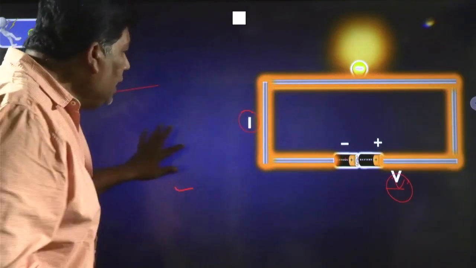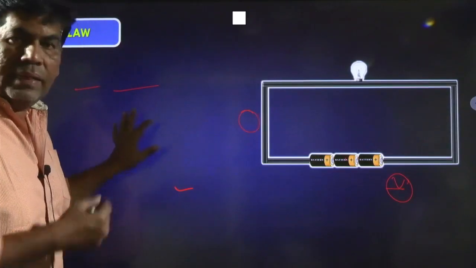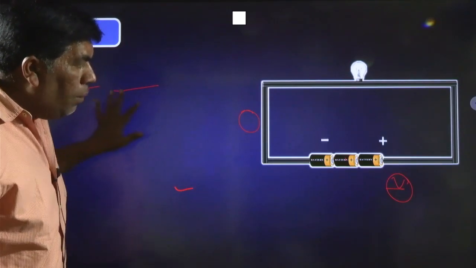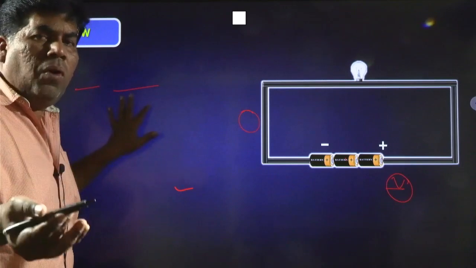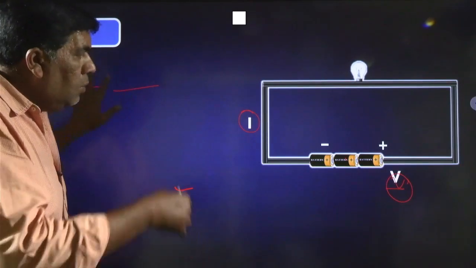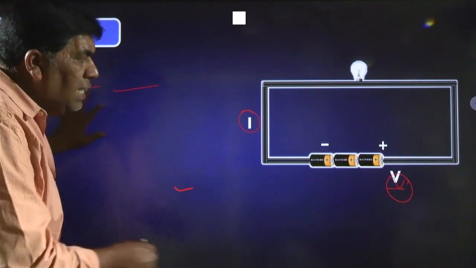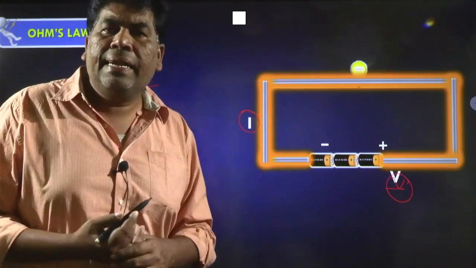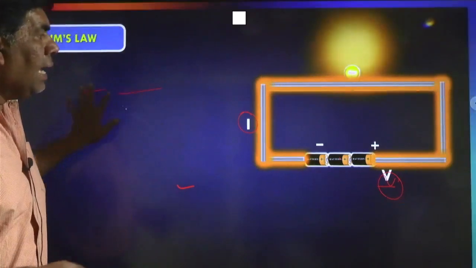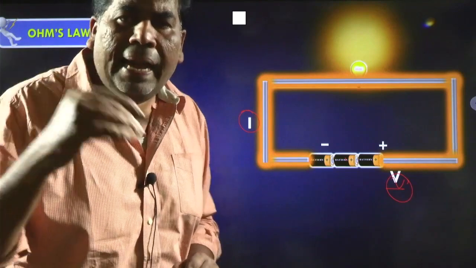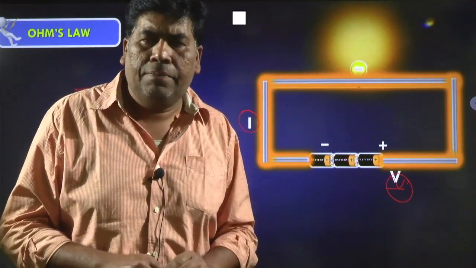Suppose we replace these two batteries with three batteries. We are supplying still more voltage, so the potential difference will be more, the current passing through the conductor will be more, and the light intensity will be still more than in the second condition.